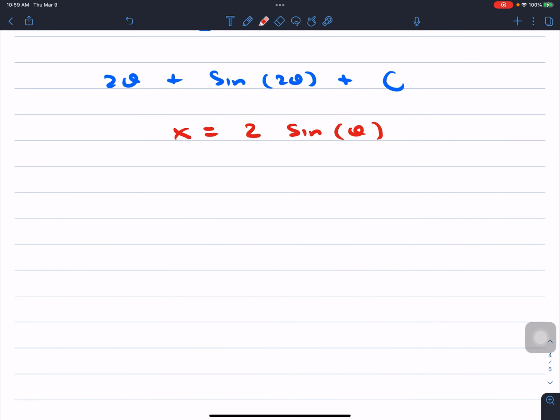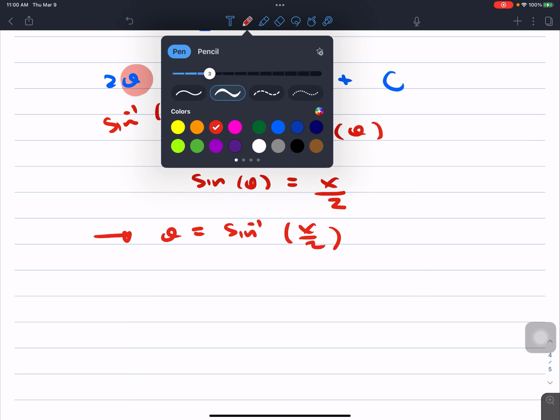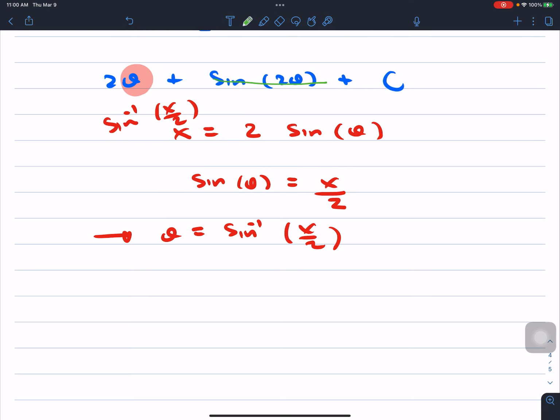So, at this point, you might say, okay, since x is 2 sine theta, you know what that means? That sine theta is x over 2. Is that right? And what does that imply? That implies theta is inverse sine of what? X over 2. So I replace my theta with inverse sine x over 2. But remember, what is sine 2 theta?